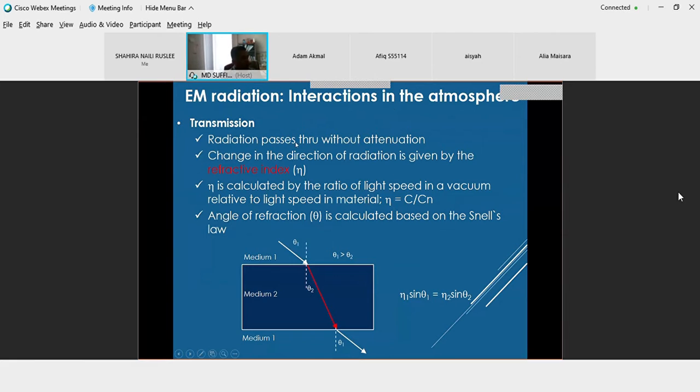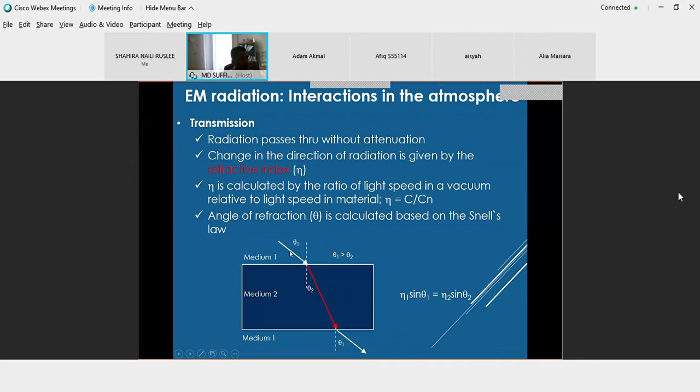So transmission ini juga kita dah tentu hari tu. Depending on the medium. So we have atmosphere, and then in the ocean we have the water medium. And because of different medium, we know that different medium have different refractive index, ataupun kita panggil sebagai eta, eta 1 and eta 2. So kalau contohnya medium 1, dia punya refractive index ni lebih kecil daripada medium 2, so dia punya refraction angle dia adalah lebih kecil.